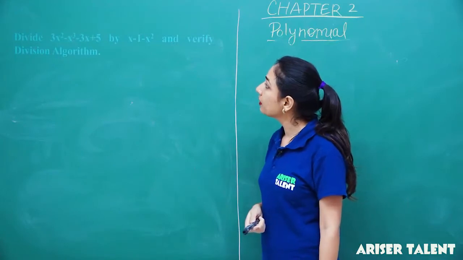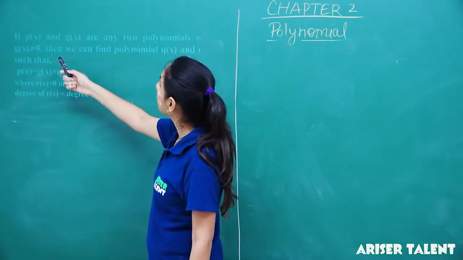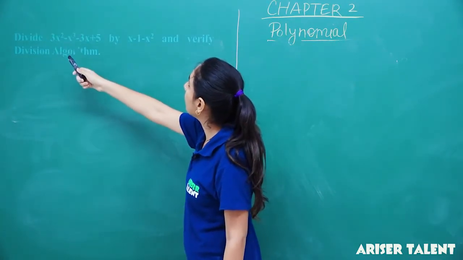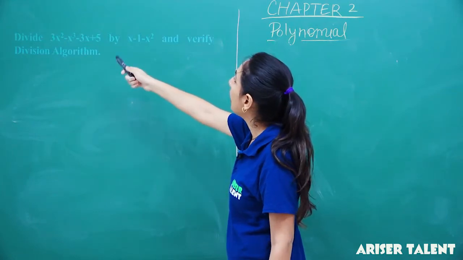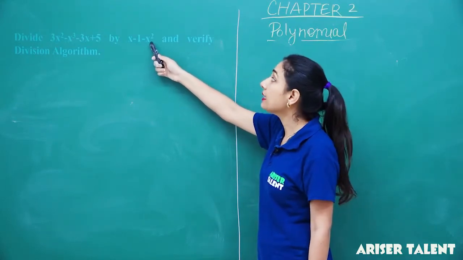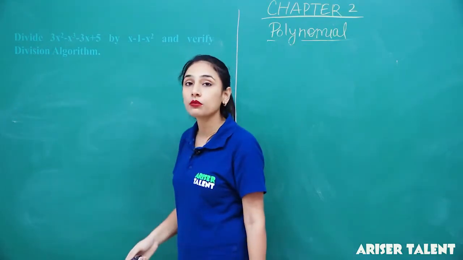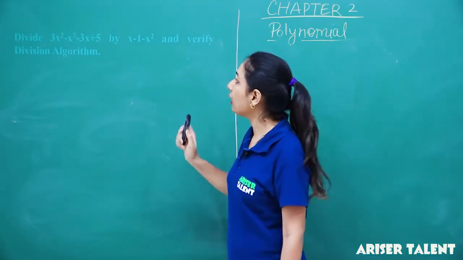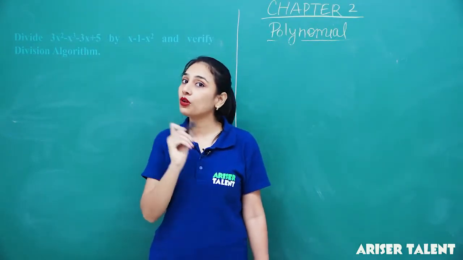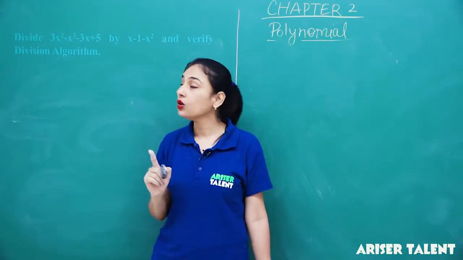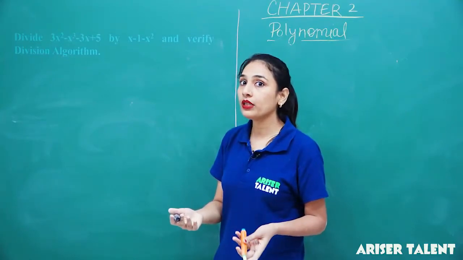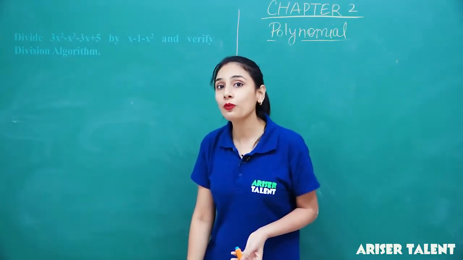Now next, divide 3x square minus x cube minus 3x plus 5 by x minus 1 minus x square and verify the division algorithm. So, in this question, what you have to do, first divide this by this. Okay, now I have told you the process of division for polynomials, in quadratic polynomial fashion also, and also in the fashion of cubic polynomial.